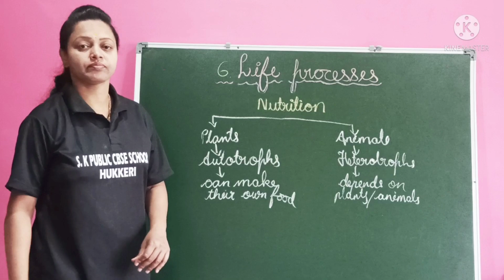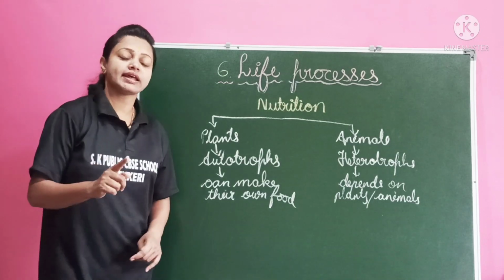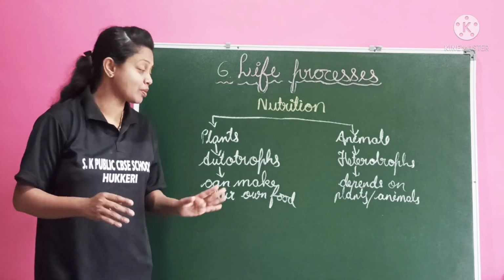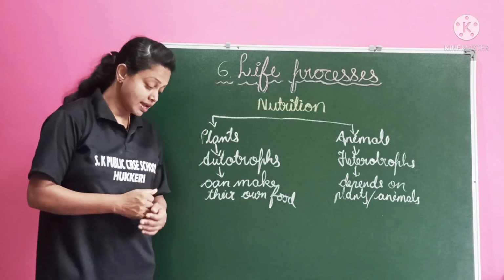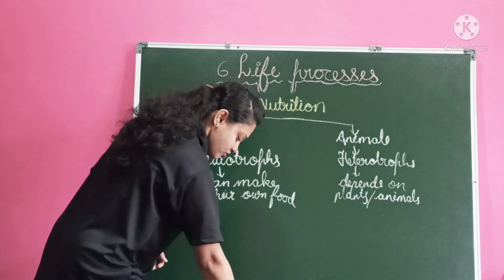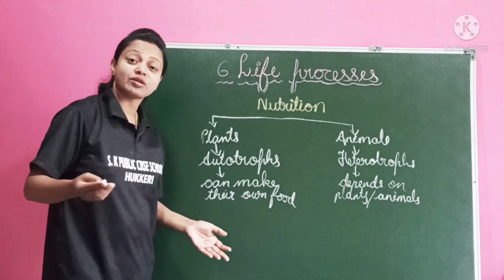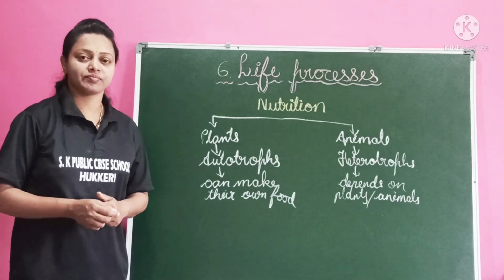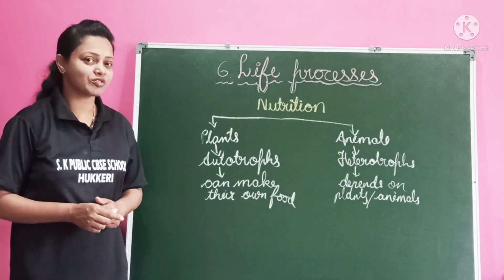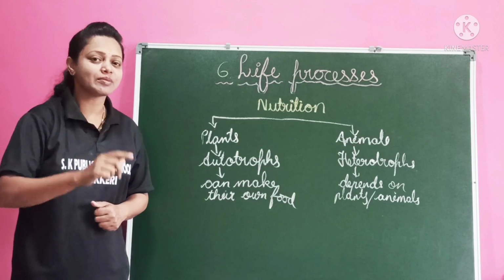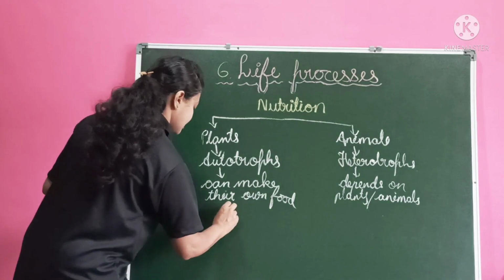Plants or animals. Now, the question arises: how do plants prepare their own food? From the 5th standard, we are studying how plants prepare their own food. That magic process is nothing but photosynthesis.